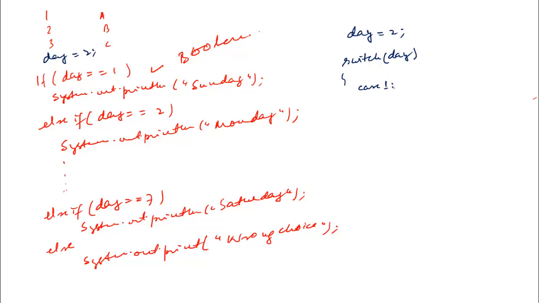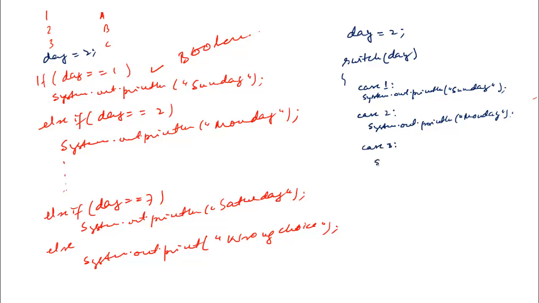Since it is said that day equal to 1, we have to write case 1, then colon, then System.out.println Sunday, and then case 2, System.out.println Monday.